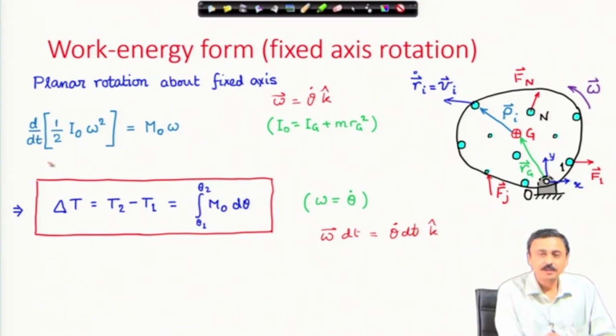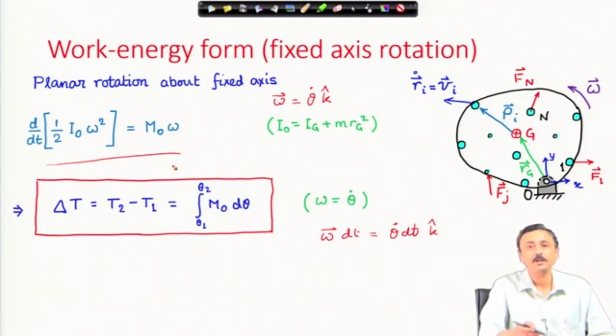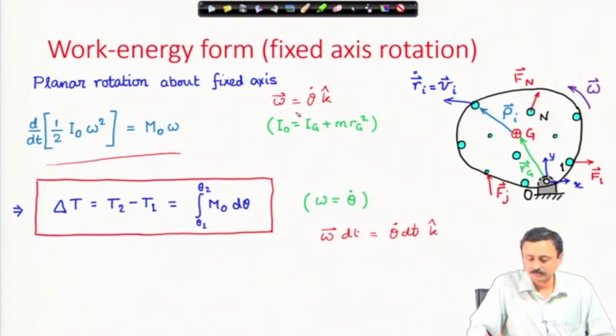Actually, everything here is a scalar. Finally, it has reduced to a scalar because I have taken a dot product, because this moment is also in the k cap direction. Therefore, I had the dot product, and finally, everything reduced to a scalar quantity.